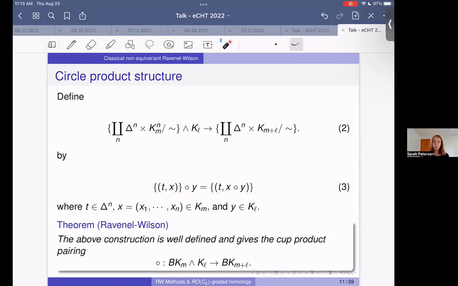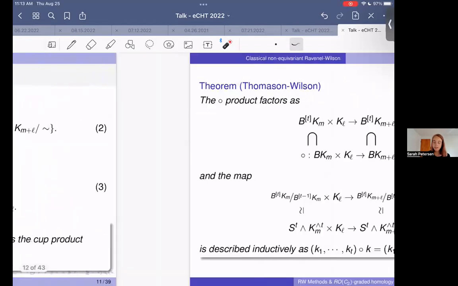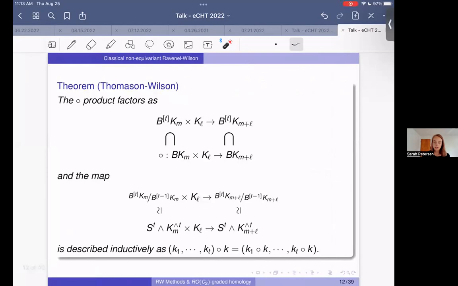And what Ravenel and Wilson proved is that this construction is both well-defined and in fact does recover the cup product pairing in this bar construction. And this is incredibly useful because this construction also factors through the bar construction. So on associated graded pieces, we also get an inductive description of the circle product.